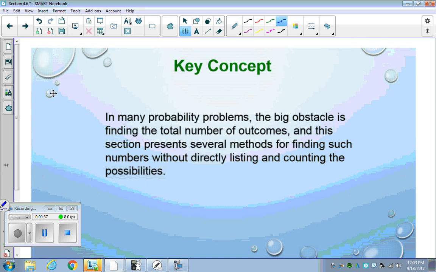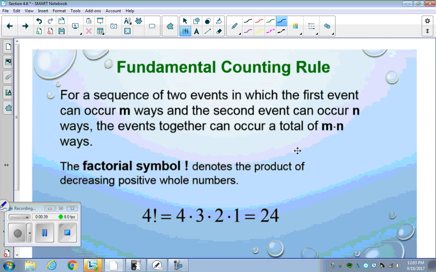So, with that said, fundamental counting rule here. And we've kind of used this, we've just not said it. So, the fundamental counting rule says that when I start selecting things, how many different ways can I find something?